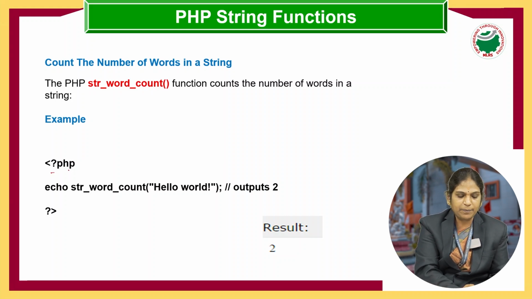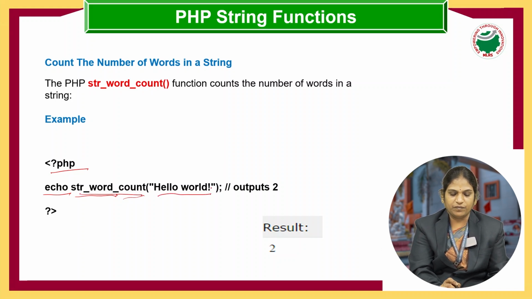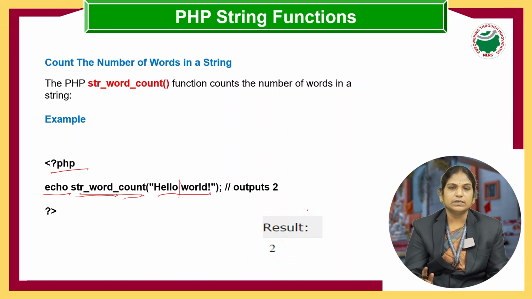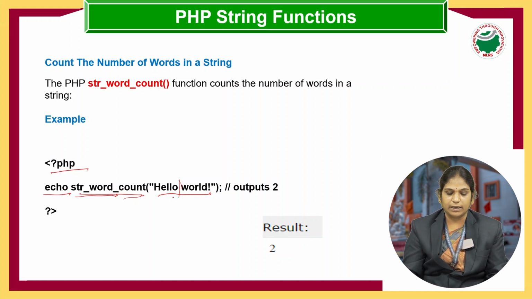For example, PHP echo str_word_count is the name of the function, and hello world, there is a space between hello and world, then it is going to output two words. Why? Because space is taken as the delimiter between the characters, which counts as two different words.